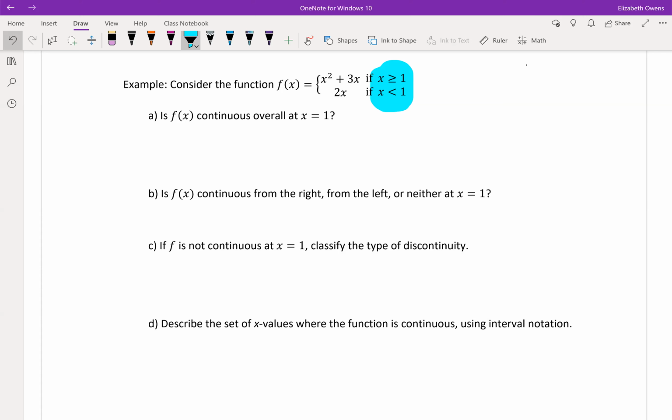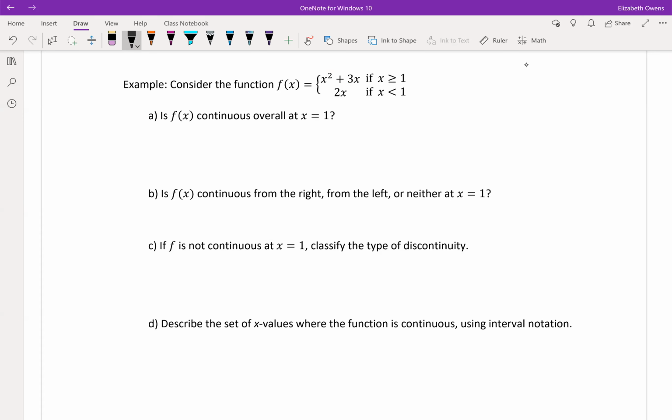Individually, the different pieces of the piecewise function are continuous in their own right. X squared plus 3x is just some parabola. 2x is just a line. There's no real issues with those. It's in jumping from the parabola to the line, or the line to the parabola, that we might have a problem. Or we might not.